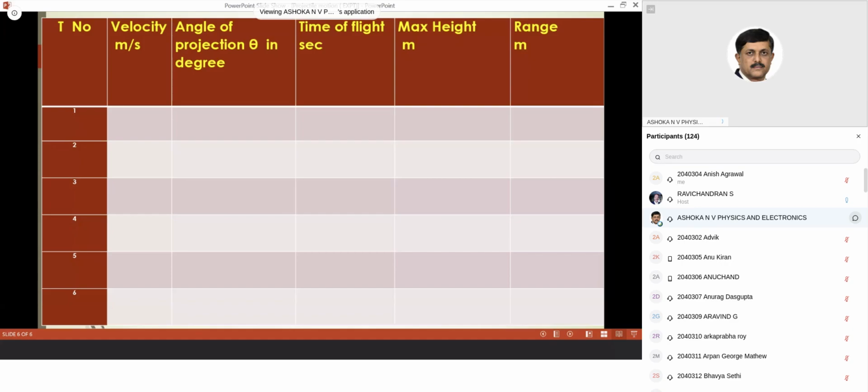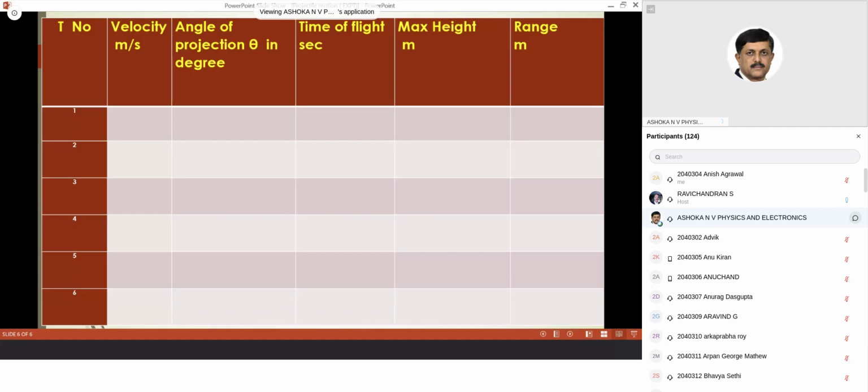Keep the angle the same for the first trials, maybe 45 degrees, where the horizontal range is maximum. Keep the angle the same for three trials and vary the velocity, three different velocities. So the first three trials will be with three different velocities.